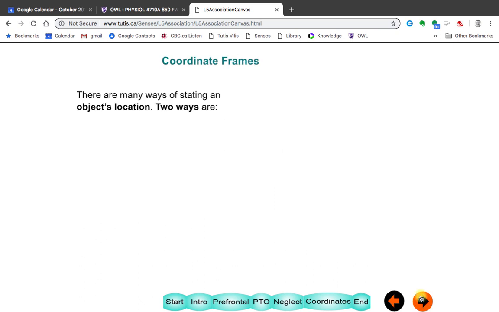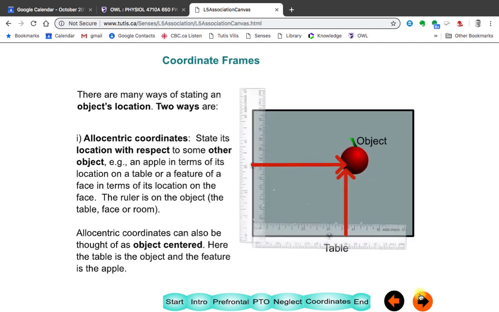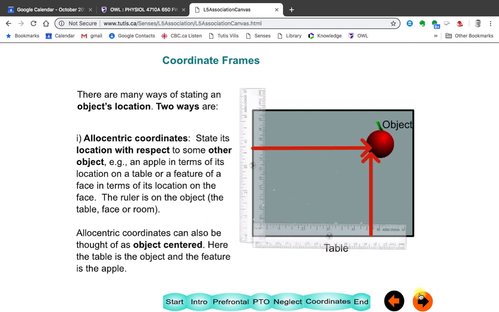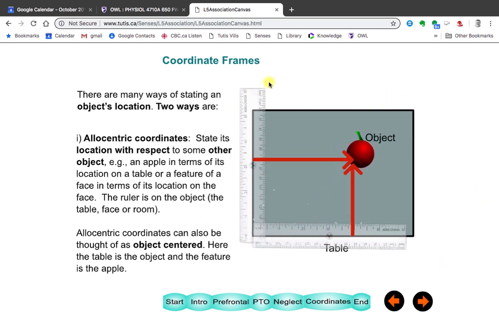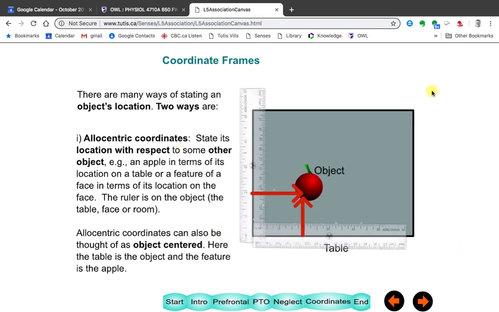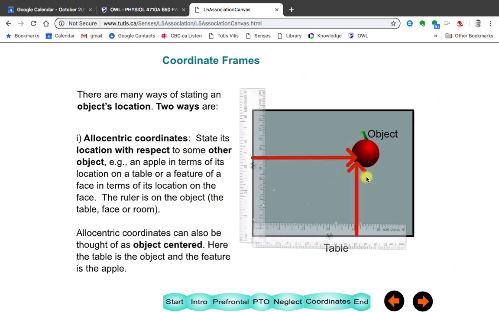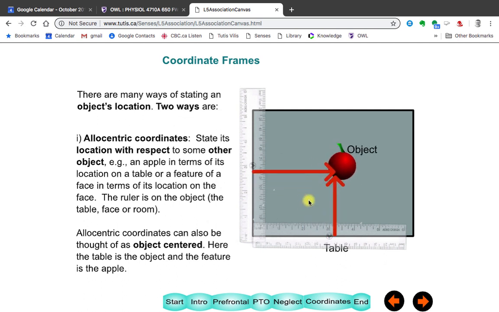So there are many ways of stating an object location. We'll look at coordinate frames. So here we see an object on a table. Our reference point, let's say our attention is focused on this table, and this object is located within this table.